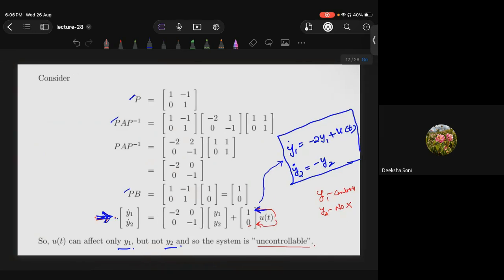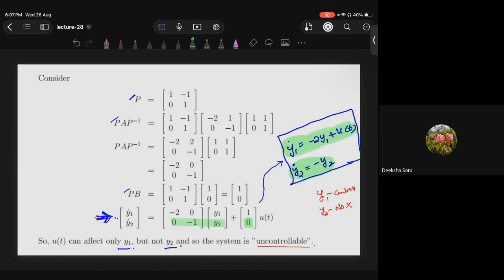Now if you see this equation, what do you understand here? The first row will give you this equation: minus 2y1 plus u of t, correct? The second row will give us only minus y2. So here the input is 0.